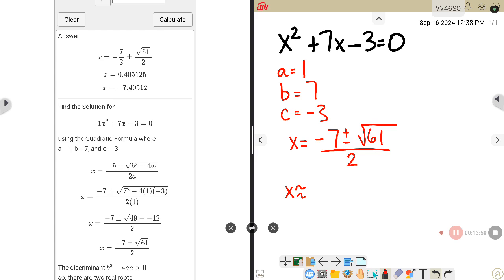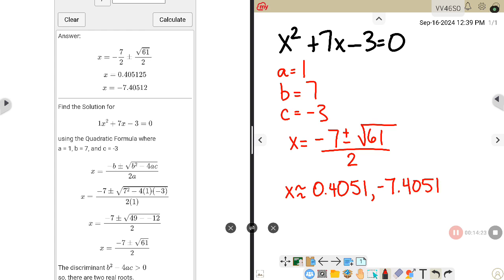So I'm going to have 0.405. 1 is my 4th number after the decimal, and since behind it is a 2, I am not rounding up this time. So I have 0.4051. The other approximate solution is the negative 7.4051.